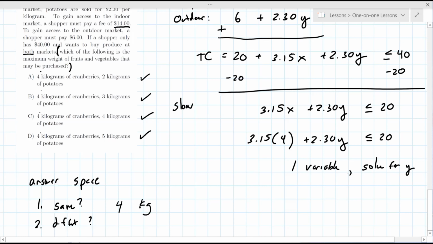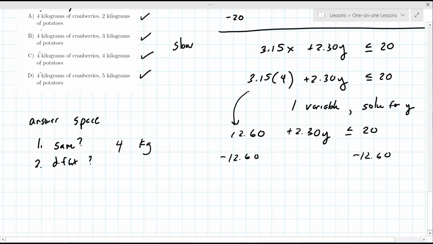Now the numbers aren't great, but remember, it looks bad, but it's $3 times 4, which is $12, and 15 cents times 4, that's 60 cents. So it's $12.60 plus $2.30 Y less than or equal to 20. Just like I subtracted the 20 in the previous step, you can subtract the $12.60 in this step.